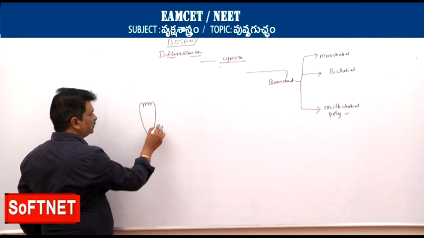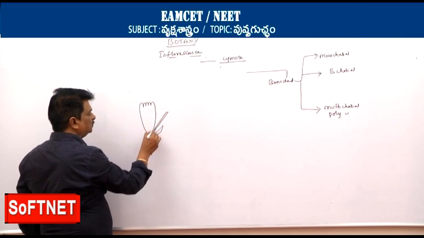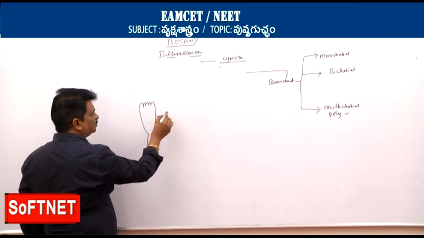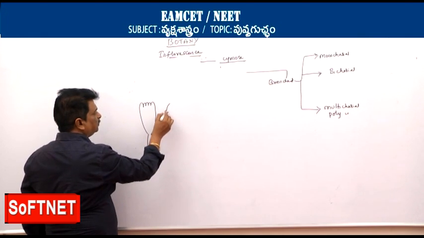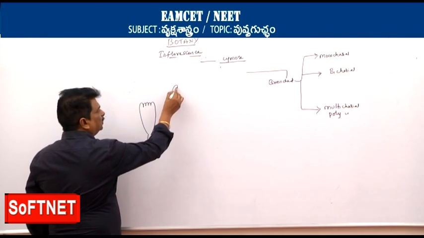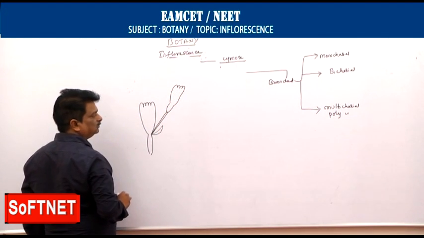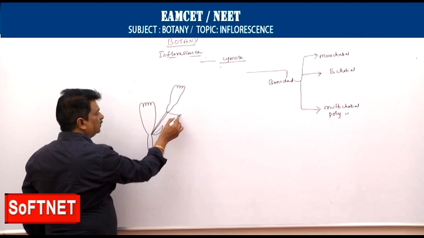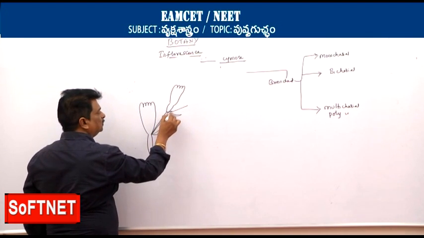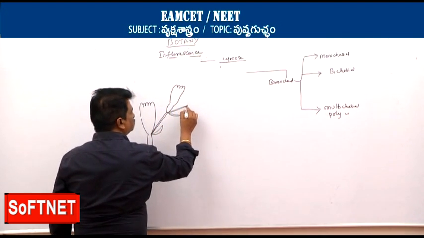This bract contains axillary bud. This axillary bud gives branch. Again in that branch, apical bud modified into flower. It means again growth of apical bud arrested, and this bract has axillary bud. This axillary bud gives branch.